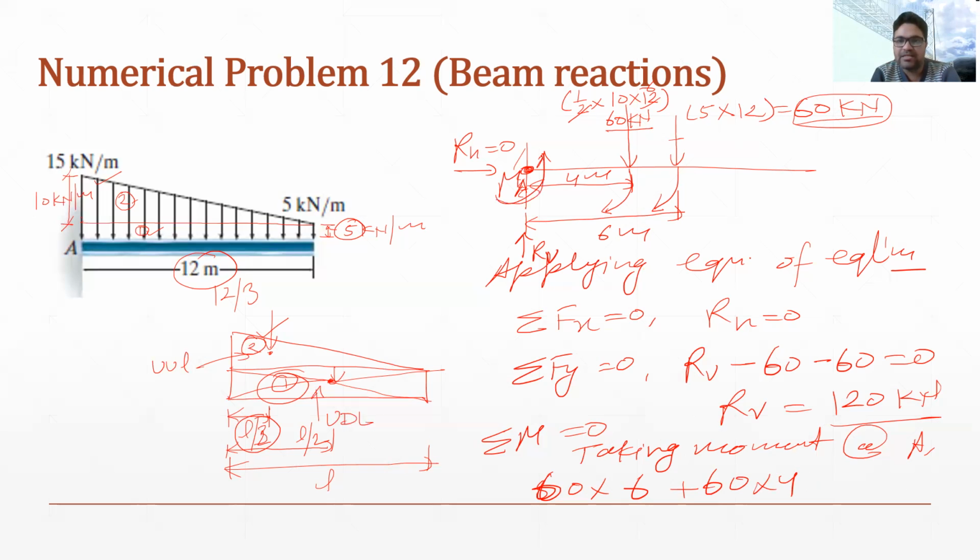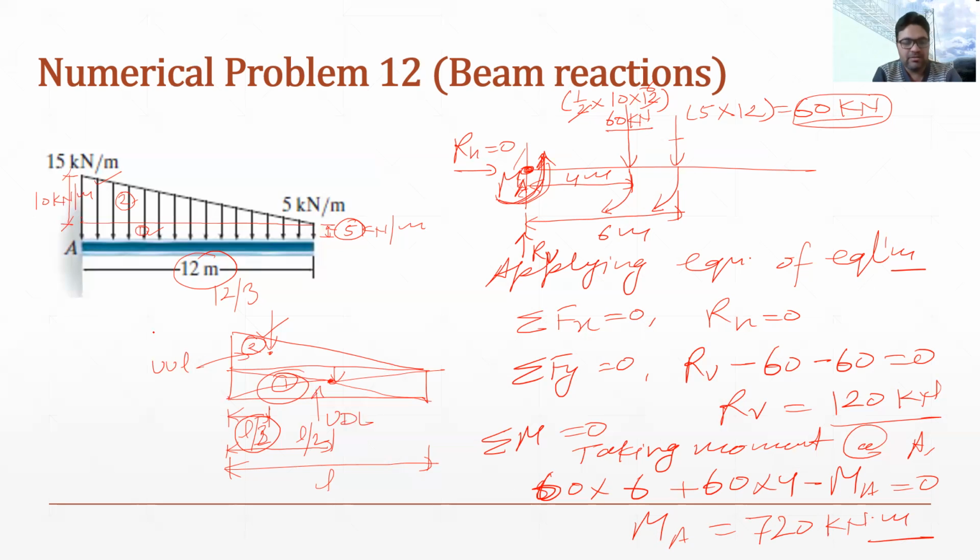This reaction moment will be like this, which is anti-clockwise, so that is why I am taking this as MA. There is no other moment. So the value of MA becomes 720 kilonewton meter. That is the solution.